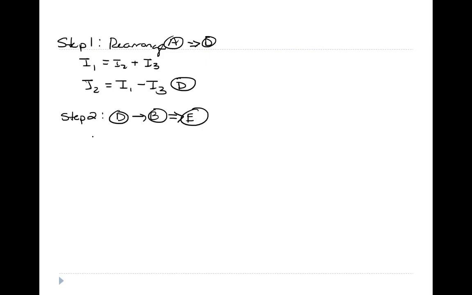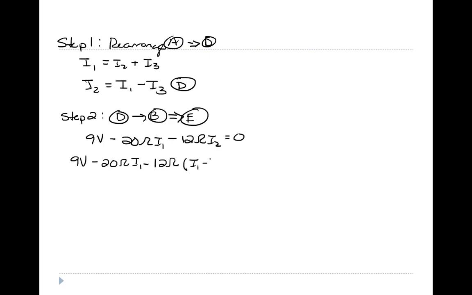So equation B is 9 volts minus 20 ohms I1 minus 12 ohms I2 equals 0. So 9 volts minus 20 ohms I1 minus 12 ohms times (I1 minus I3) equals 0.